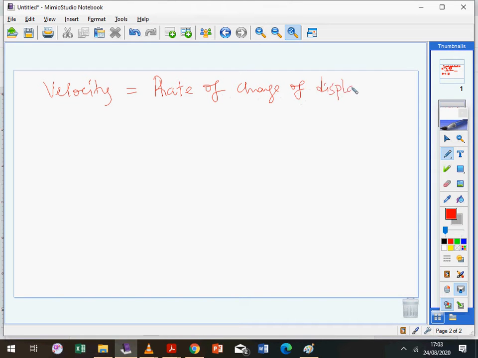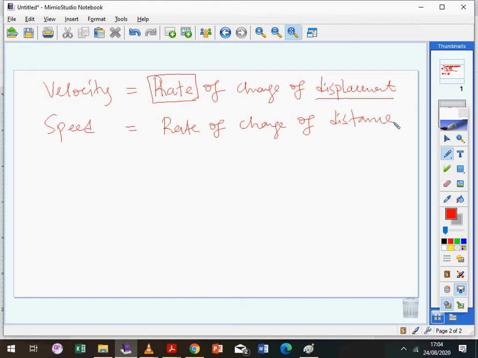Now, this word rate is used a lot in physics, and every time you see the word rate, you should understand that there is an aspect of time changing. Something is changing with respect to time. In this case, your position is changing with respect to time. If it was speed, it would still be the rate of change of distance, right?